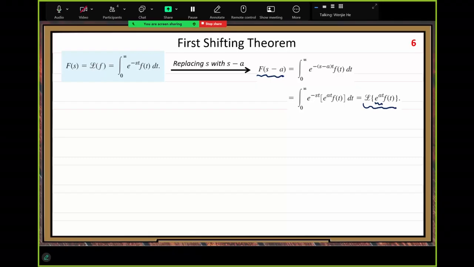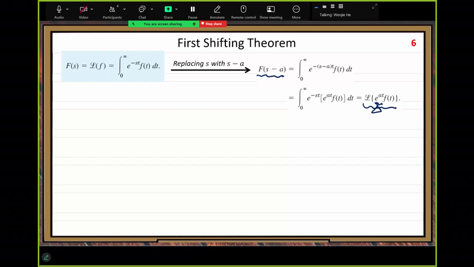So on the left hand side, you do a simple shift operation. On the right hand side, you need to multiply that extra e term, e to the at, to the original little f function. This is one important property, so we call it the first shifting theorem.